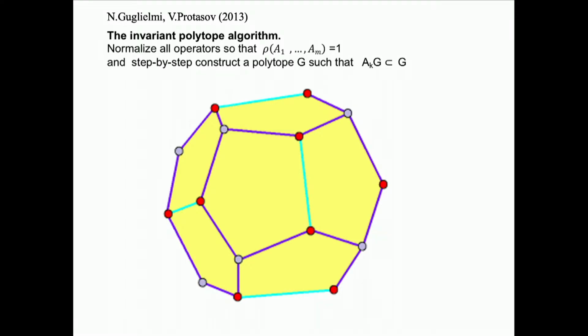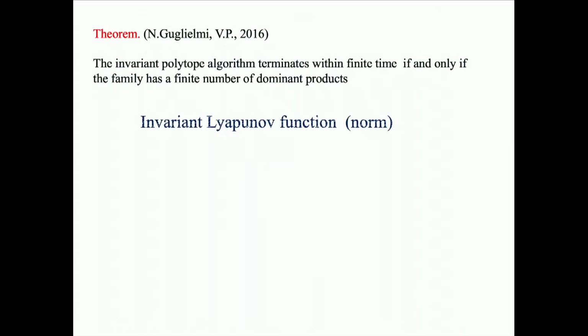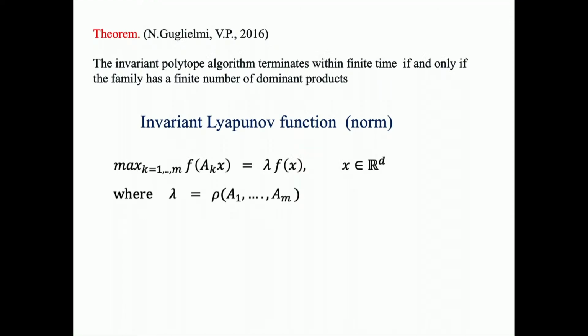By a branch and bound algorithm, we find a long product whose spectral radius much exceeds the other products, except for the circular permutations of this one. Then we try to prove that it is realized on some norm, and we construct this norm stepwise as a polytope in d-dimensional space. Surprisingly enough, it works, and it works in 100% of matrices randomly generated and matrices from applications.